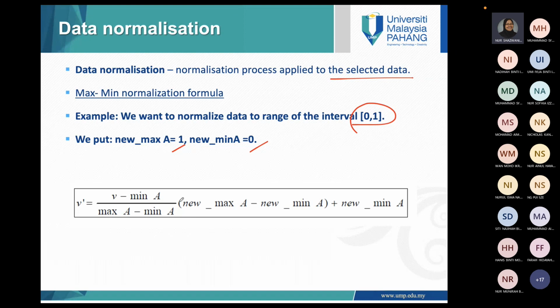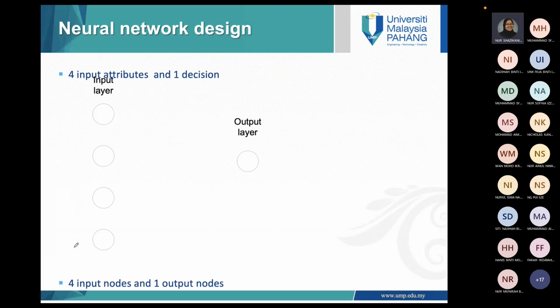Then in brackets, new max, as given in this example, 1, minus new minimum 0, and then plus new minimum, which is 0. Then you will get the normalized value for that specific data. That's what we call data normalization.